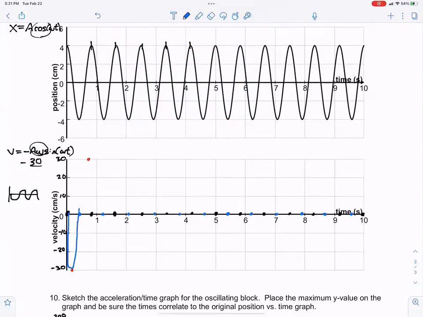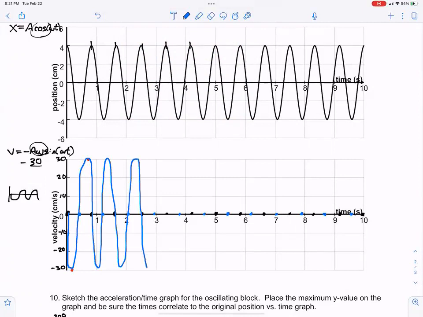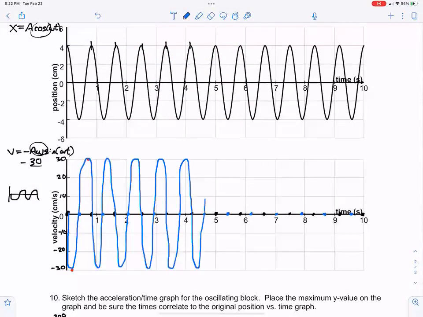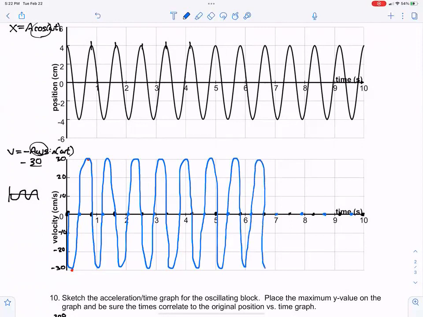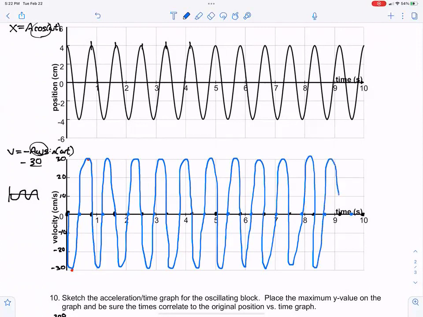Down, up, down, repeating again. Up, down, up, down, all the way down, up, down, up, down, up, down, up, and then down again.